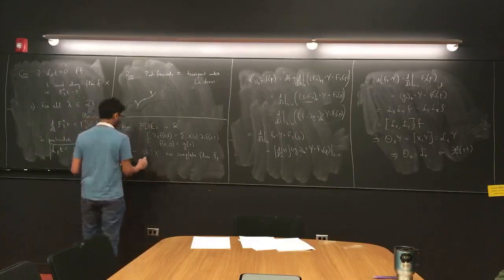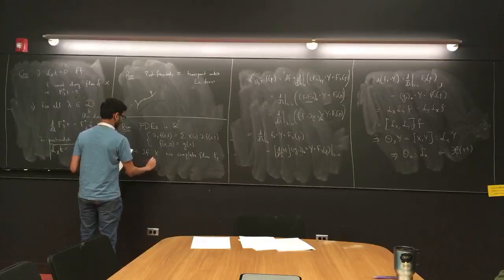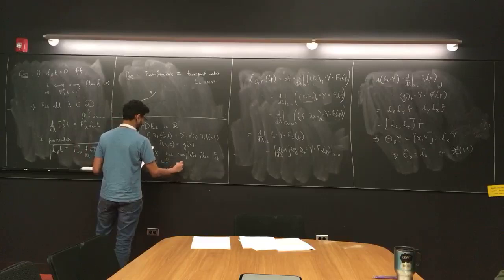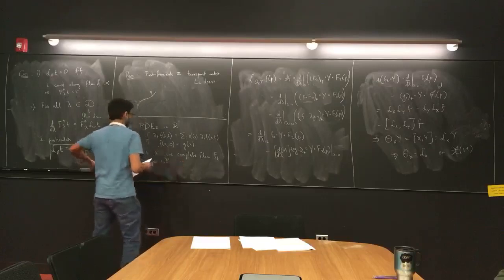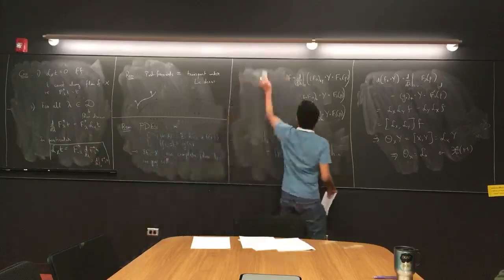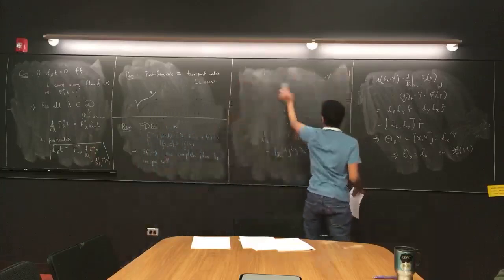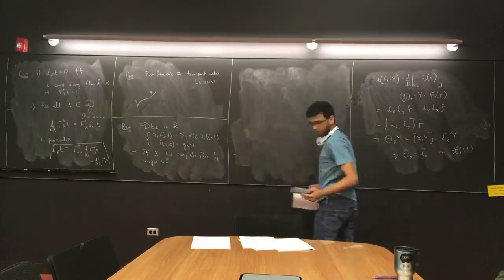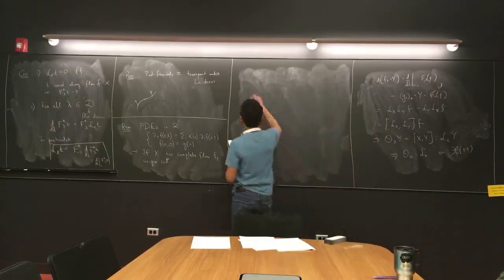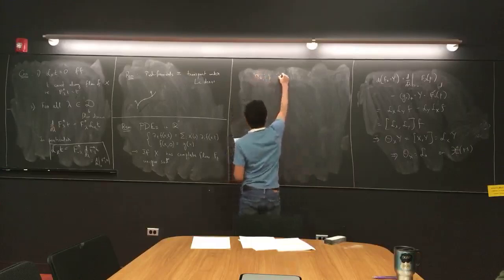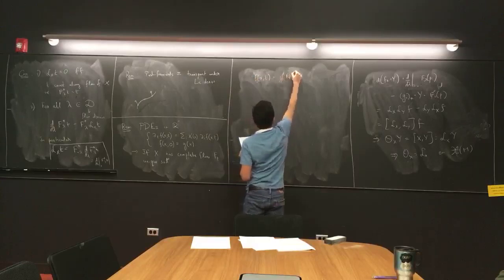Then you have a unique solution to this Cauchy problem, given by f(x,t) is g(f_t(x)).